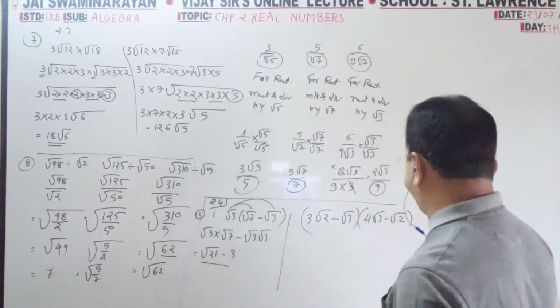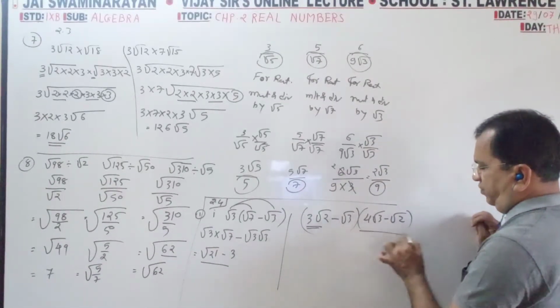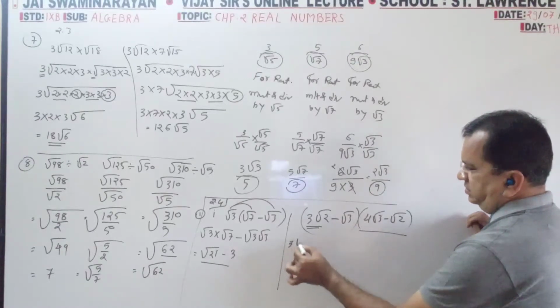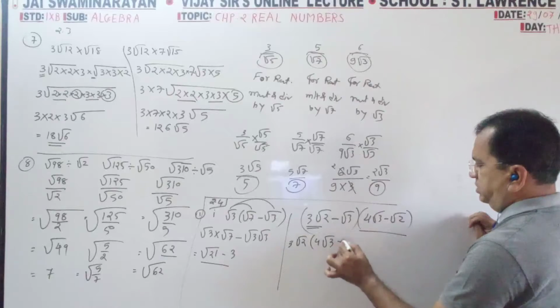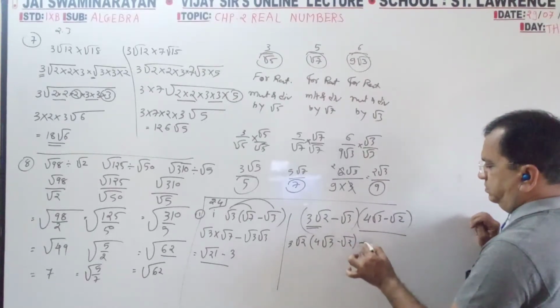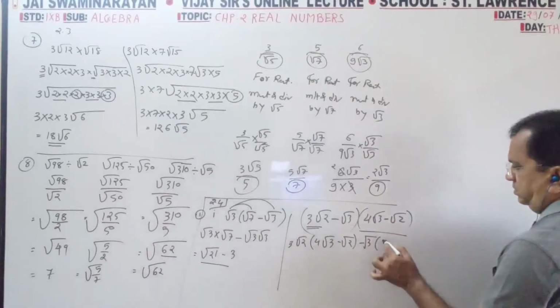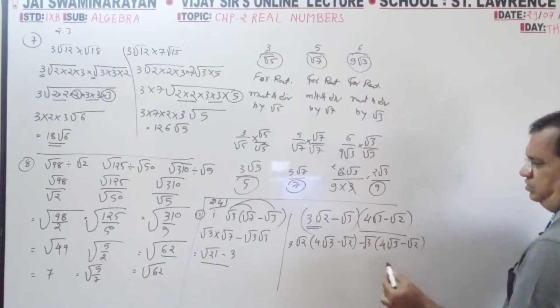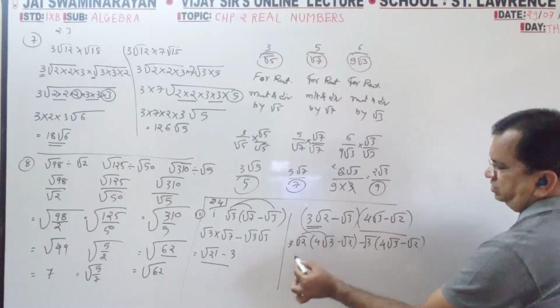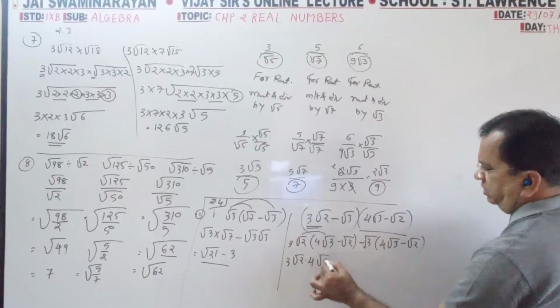Follow? Now bracket into bracket. So this into the full bracket. 3 root 2, 4 root 3 minus root 2. Now this into this, 3 root 2 dot 4 root 3.